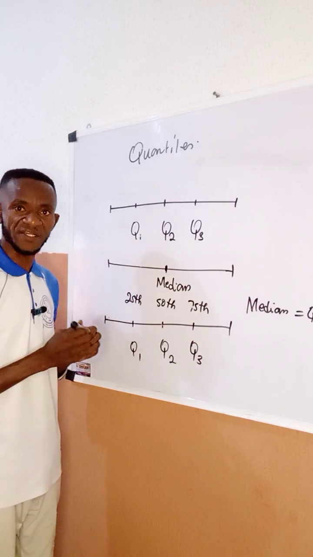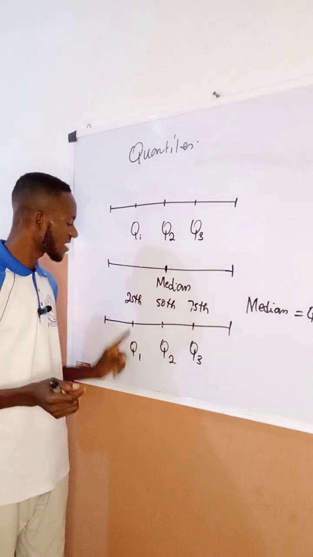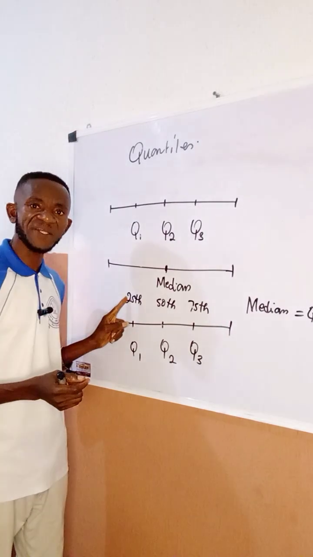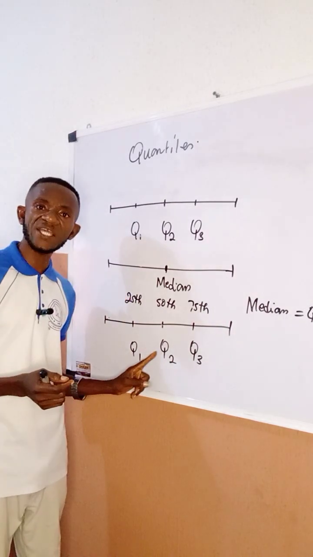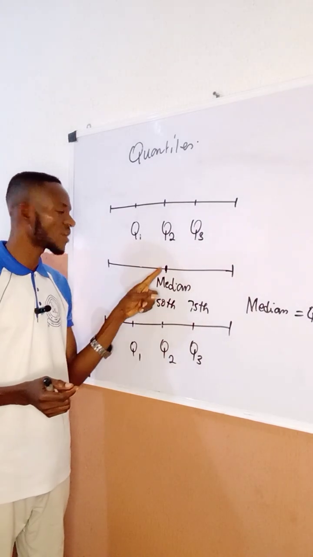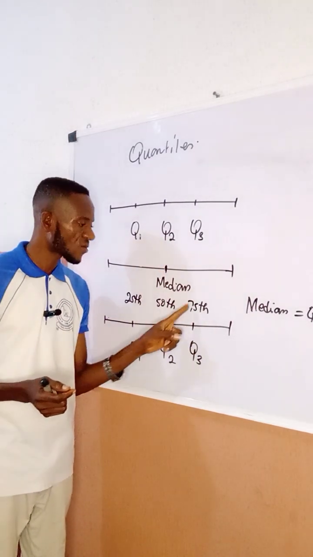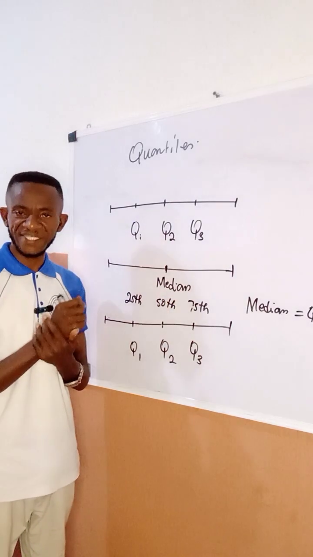We now find out clearly that the first quartile corresponds to the 25th percentile. Then the second quartile corresponds to the 50th percentile, which equally corresponds to the median. And then our third quartile corresponds to the 75th percentile.